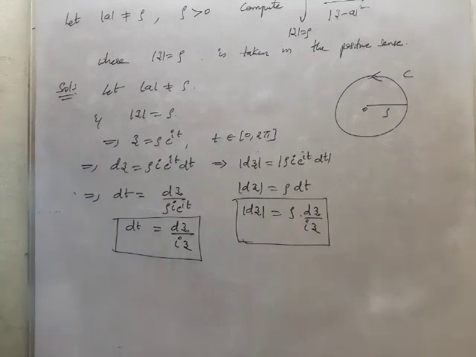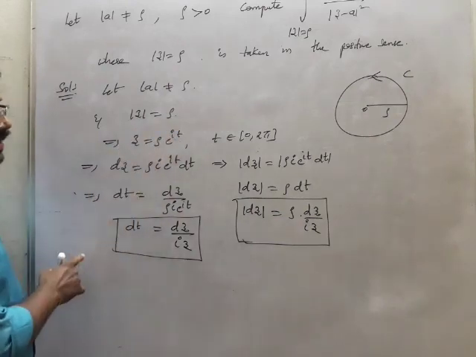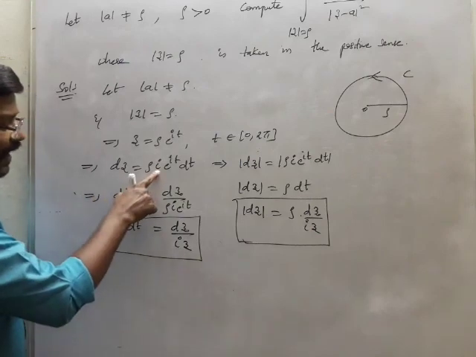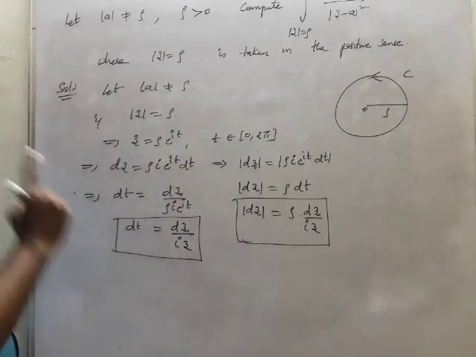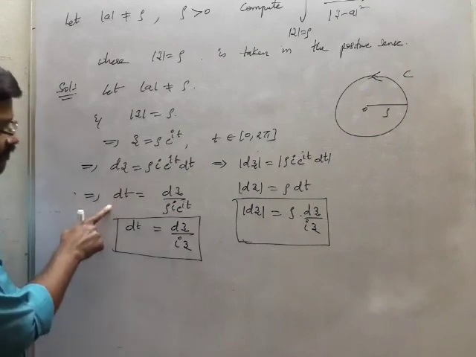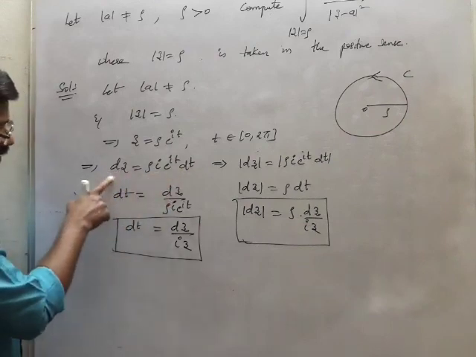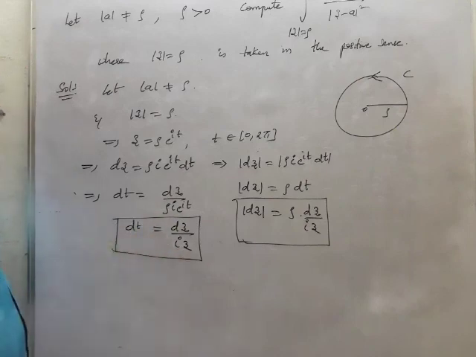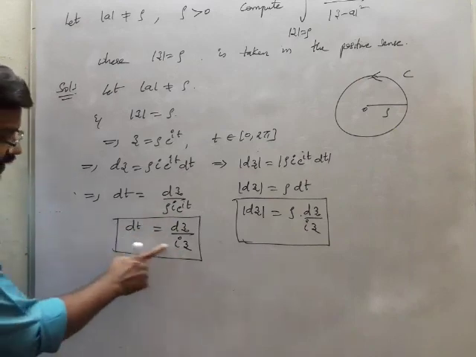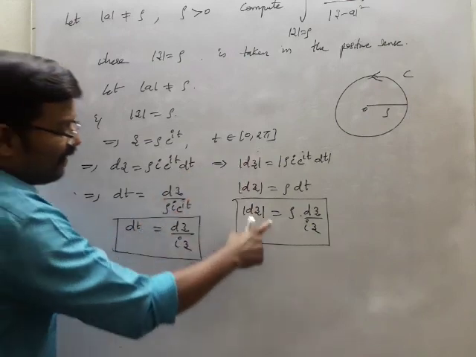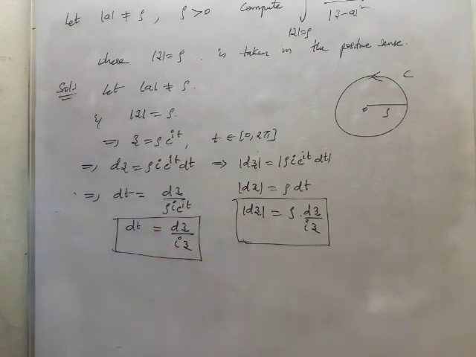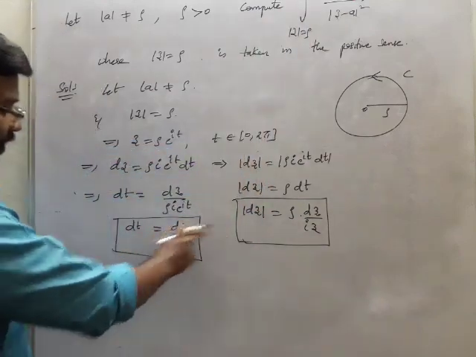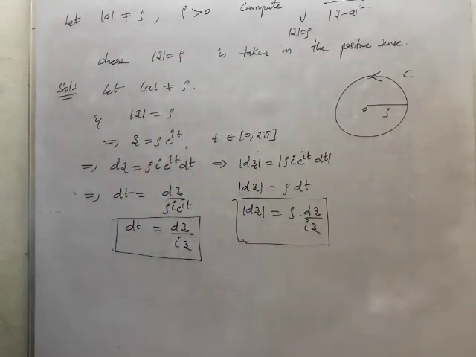Okay, once again. See, mod z is rho. Z is equal to rho e power I theta. Dz is nothing but rho I e power I theta d theta. Now from here d theta is equal to dz by rho I e power I theta, so dz by iz you got. Now we'll put all these values in and try to find out.